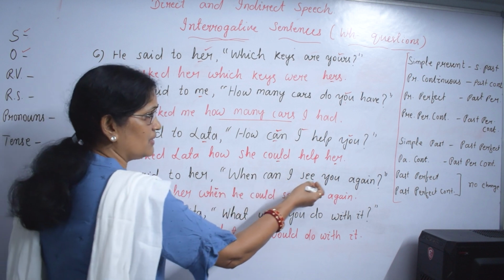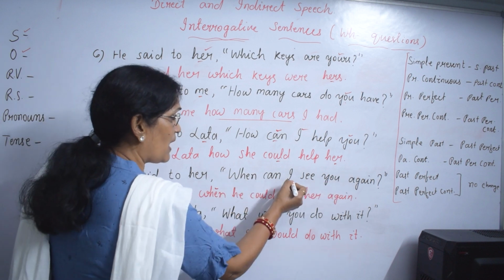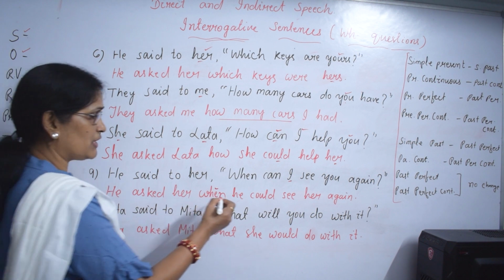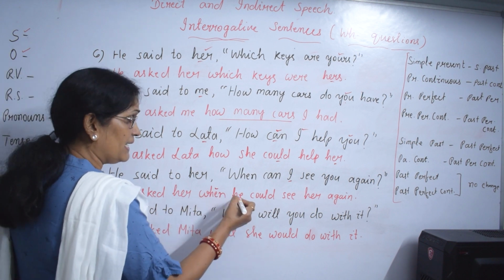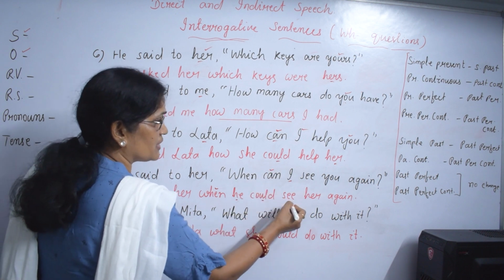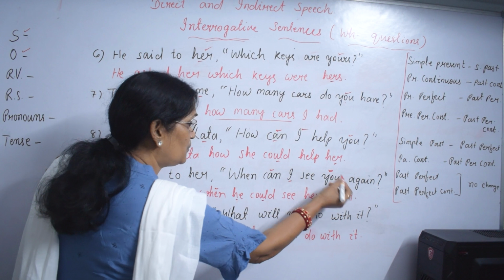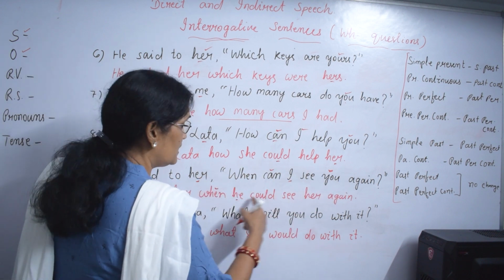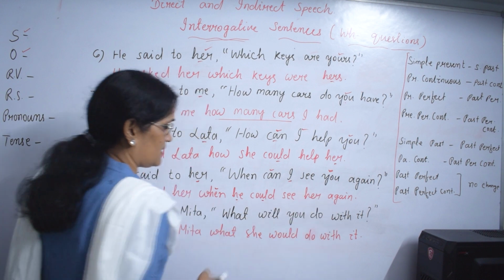I can see you again. So I is first person pronoun, will be changed as per subject, subject he, so that will be written. When he, can, corresponding past could, he could, she, you. You will be changed as per object, her, so it will be her. He could see her again.